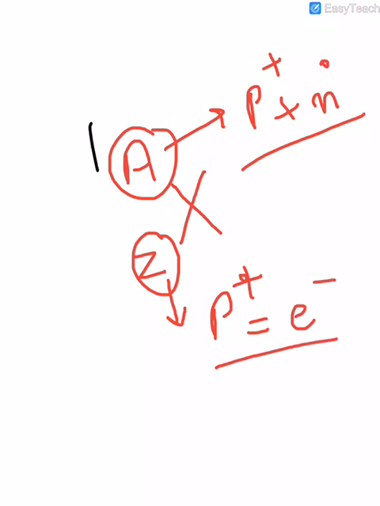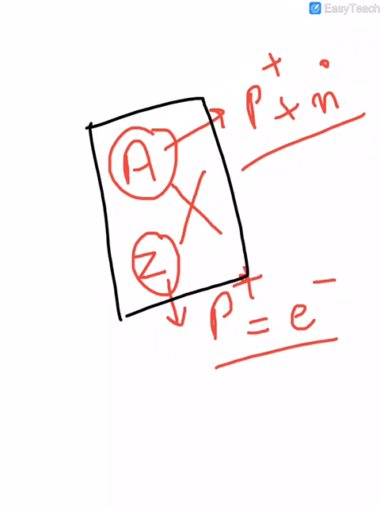So we can write an element in this form. X is the symbol of the element, Z is the atomic number, and A is the mass number.